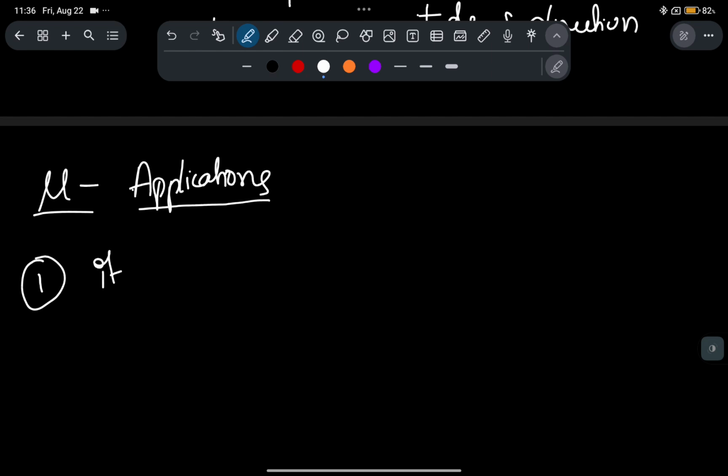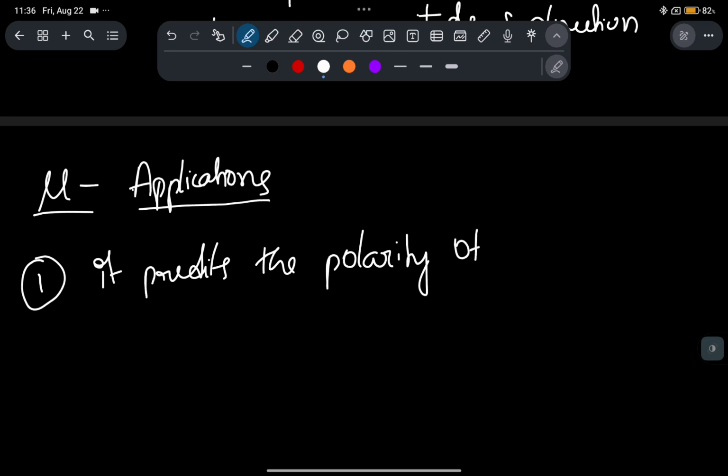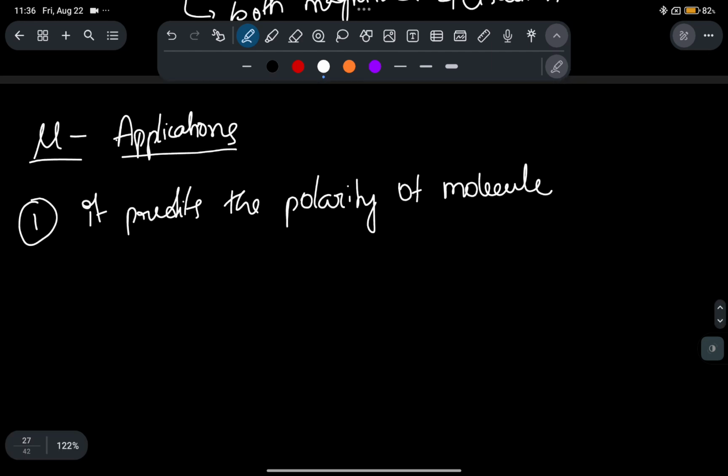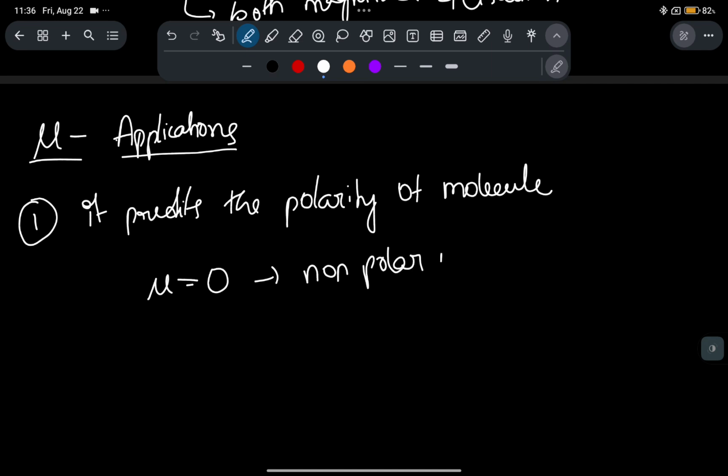It predicts the polarity of a molecule. If mu is equal to 0, it is a non-polar molecule.